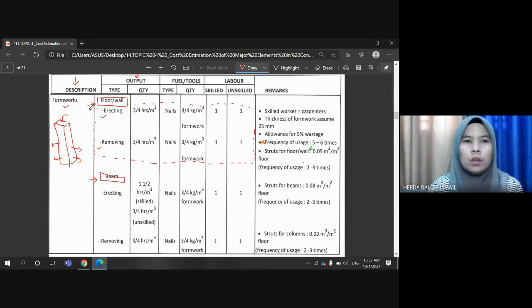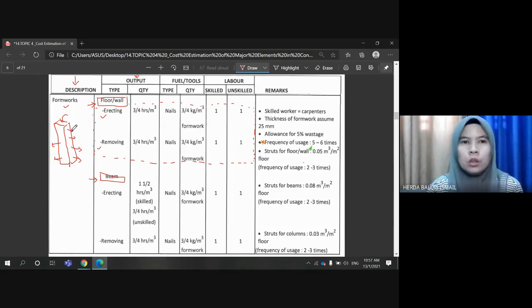Erecting is when you assemble or build up this temporary works, the formworks, and removing or dismantling is when the fresh concrete becomes hardened, and you remove this formwork.